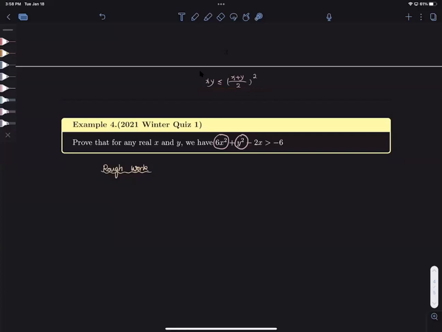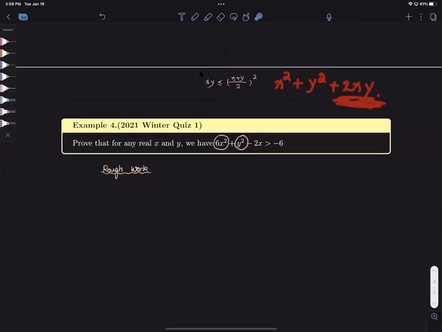Observing this, I would say, I don't see it here. Why? Because if you open the bracket, this will give you x squared plus y squared plus 2xy. But you don't have 2xy, you have a minus 2x. So probably not a good idea. But we also have something like (x plus y) squared is greater than or equal to 0. Again, your x and y are not necessarily x and y, they could be anything.